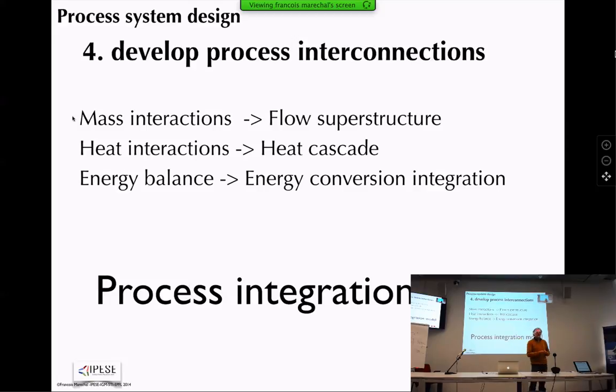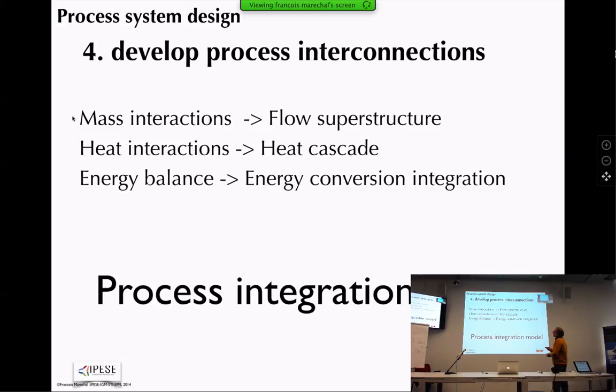Among the interfaces, you have the mass exchange, so the flows, but there are also other interactions, for example the heat interactions that we are going to model with the heat integration techniques, okay? Or the power consumption or production. So if you have compressors, if you have crushers, you will have electrical consumption, for example.